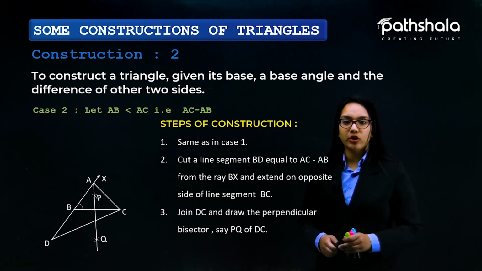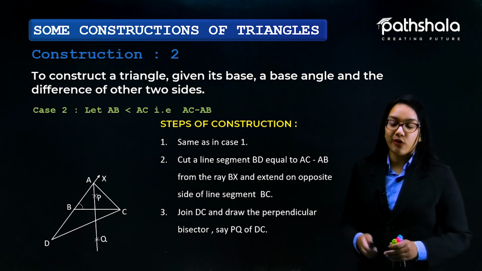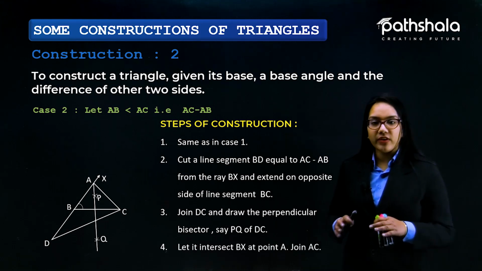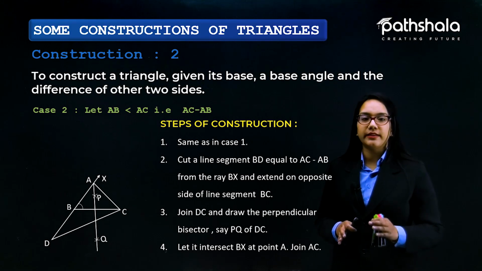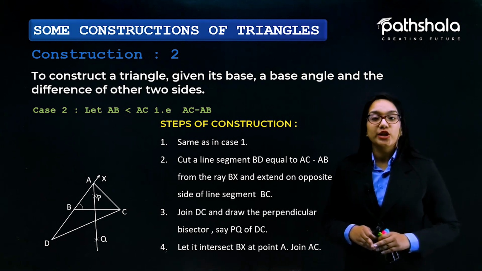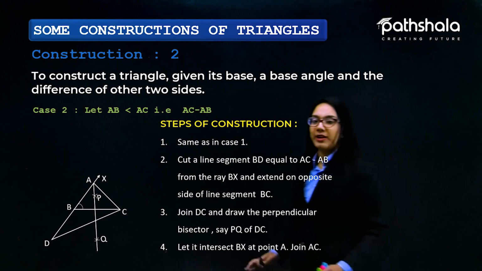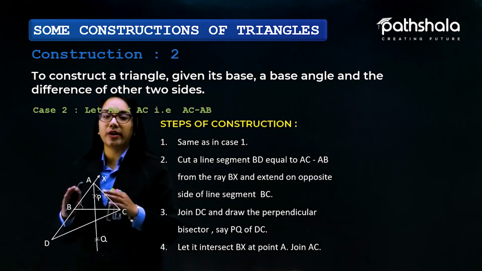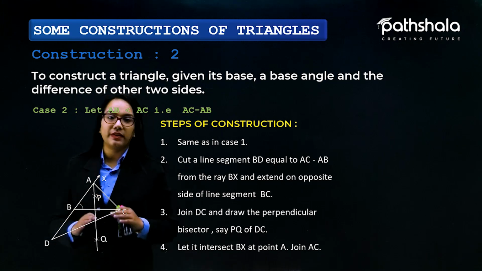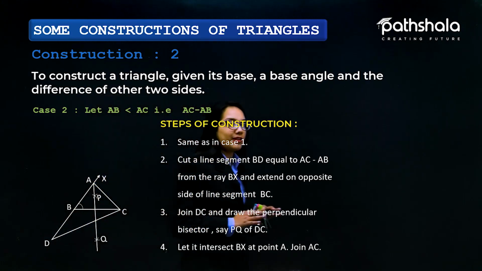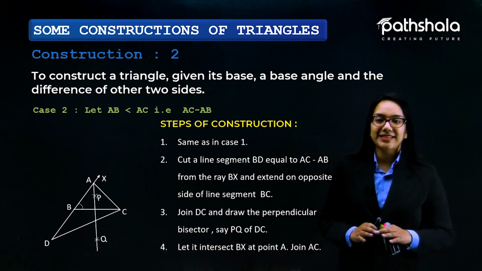We have to join DC, draw the perpendicular bisector CPQ of DC, and further wherever it intersects the line BX, let us call that point A. Join AC, and the next step would be that ABC is the required triangle, which is all related with case number 2.